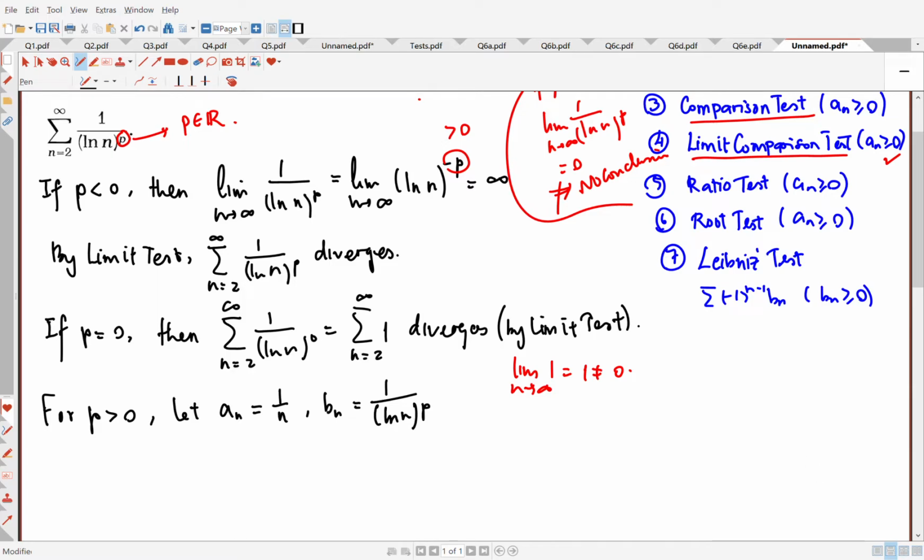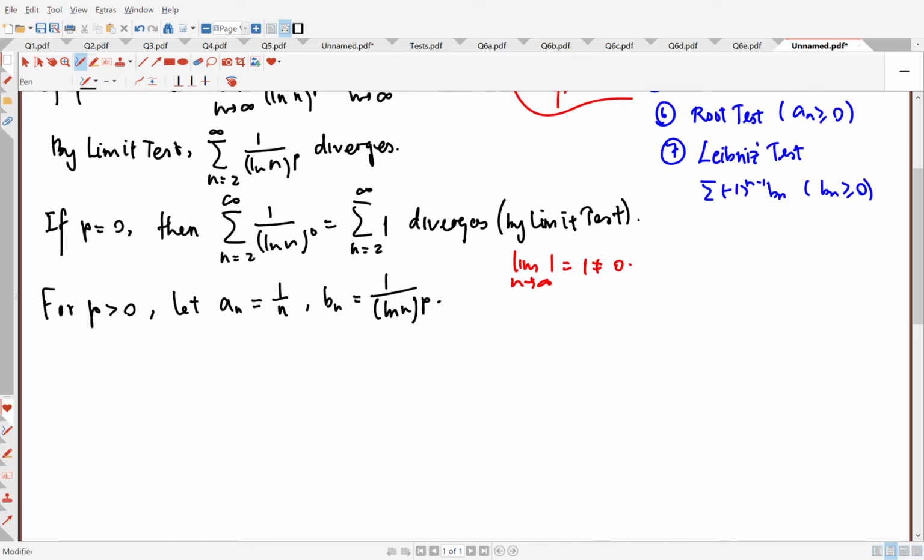Okay, then the limit n tends to infinity of an over bn is equal to limit n tends to infinity of ln n power p divided by n. Looks like we can apply L'Hospital's rule because this is infinity over infinity if p is positive.